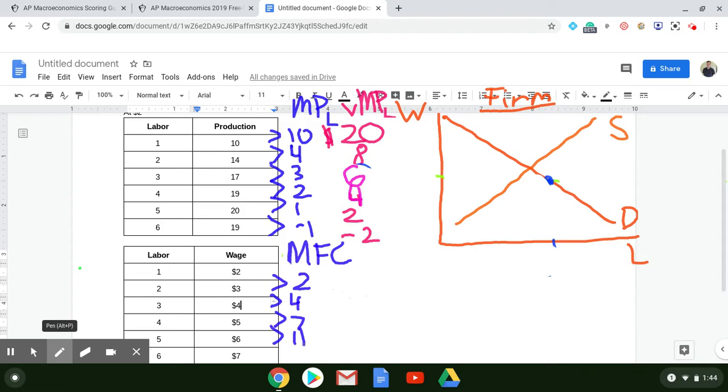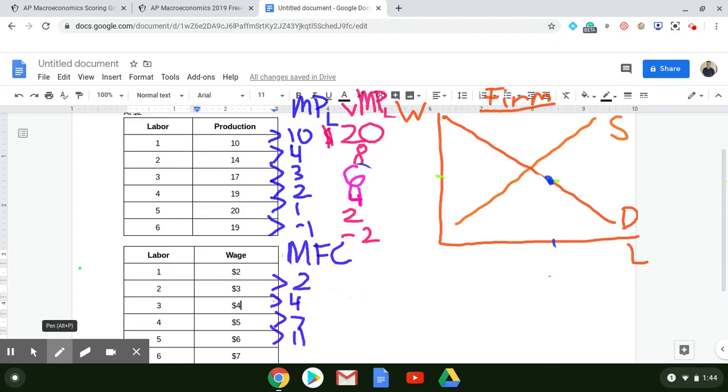But anyway, if this market was just competitive and you could perfectly price discriminate and you had this wage clearance and all this good stuff, well, you would probably hire all the way up to the fifth person.